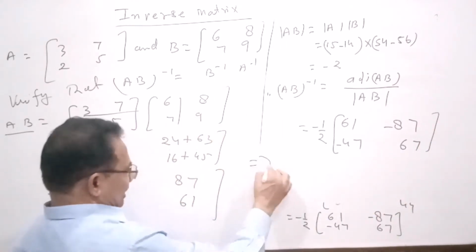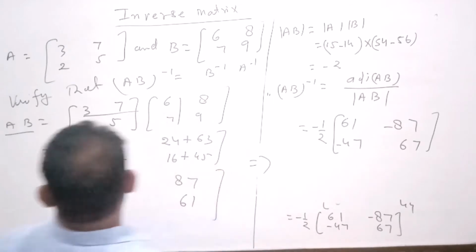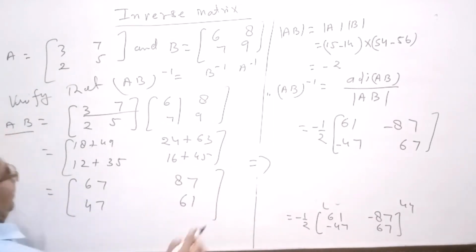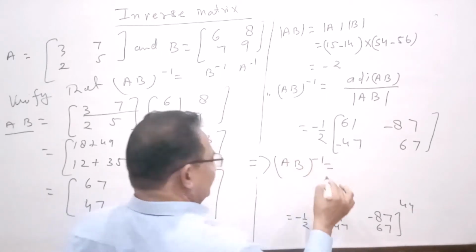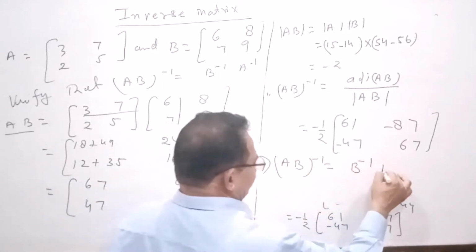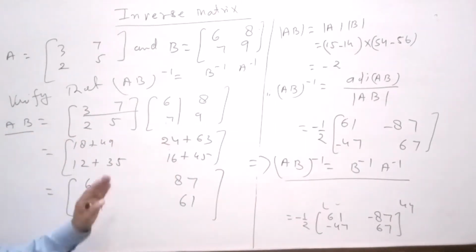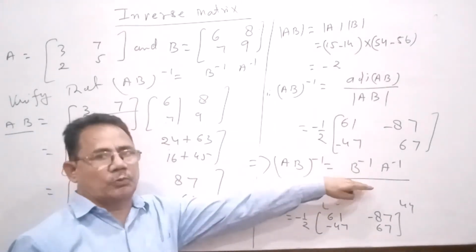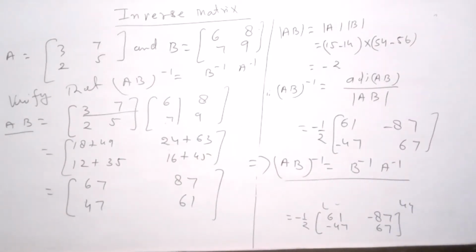So this implies that from this result, the inverse of AB whole inverse is equal to B inverse into A inverse. This result is true for every two matrices A and B. If we take any two matrices, the result will be true for all of them.